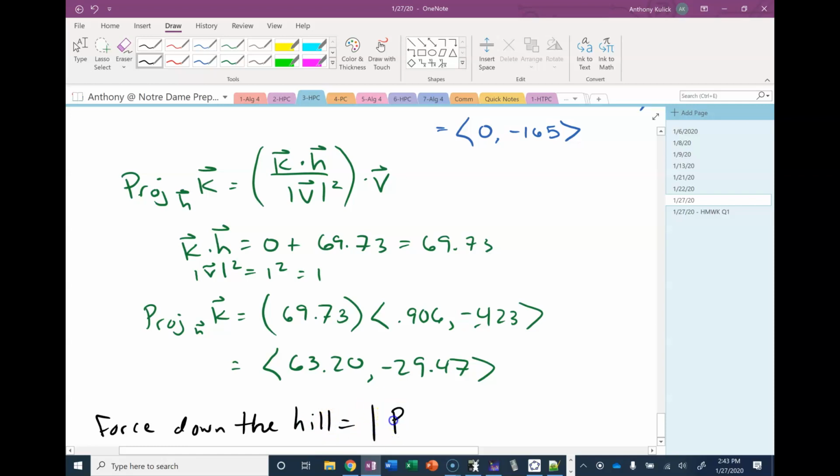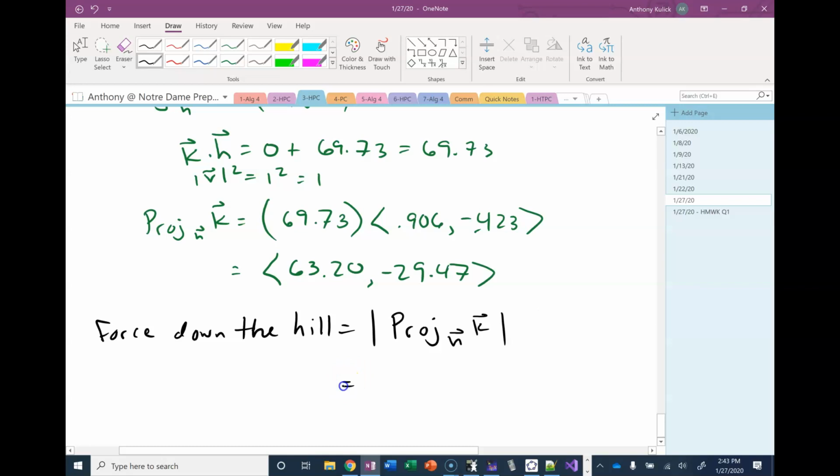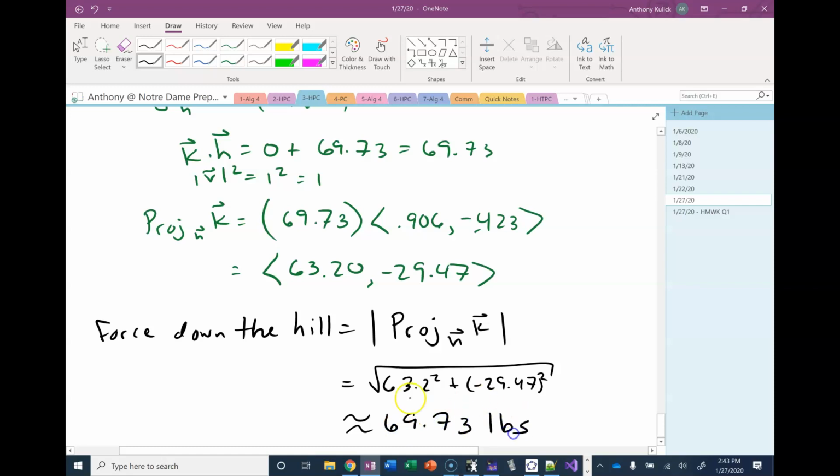The force we're interested in is just the magnitude of that projection, which comes out to be about 69.73 pounds. Does that number look familiar?